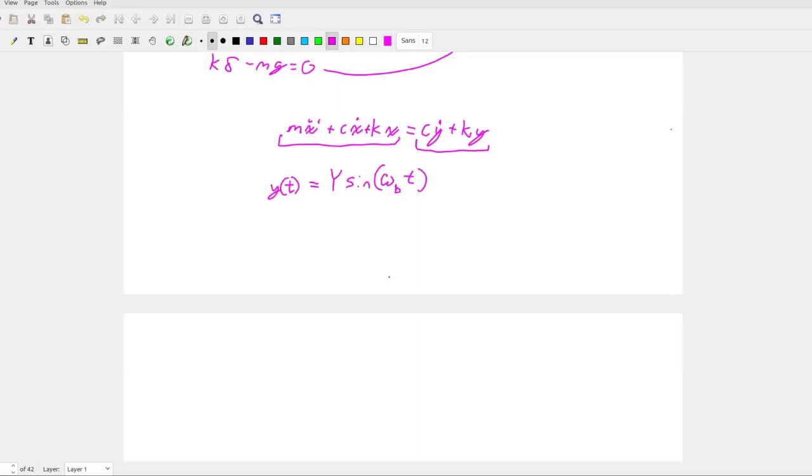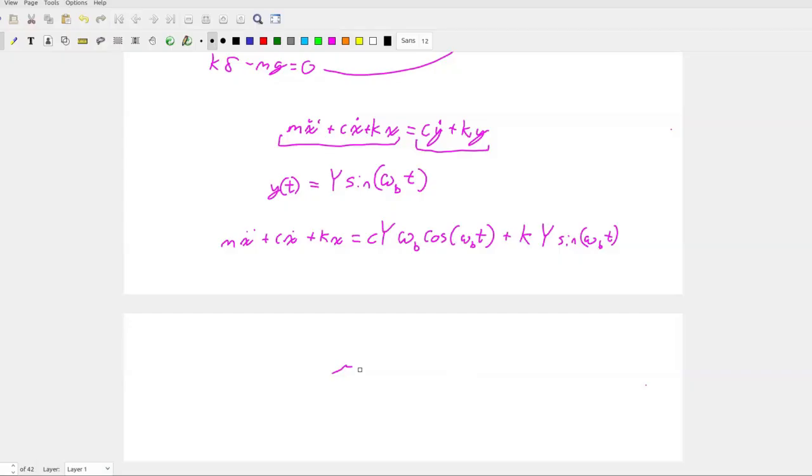So I can rewrite this whole thing out now as mx double dot plus cx dot plus kx equals c capital Y omega b cosine of omega b t plus k capital Y sine of omega b t.